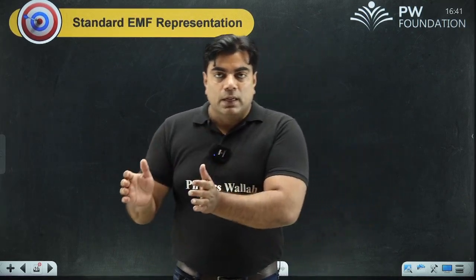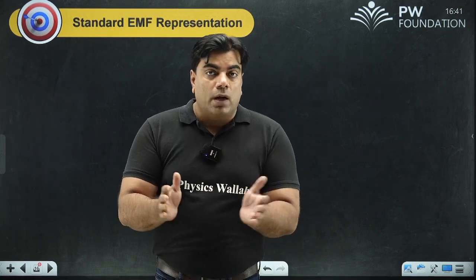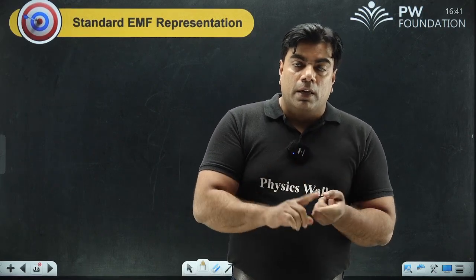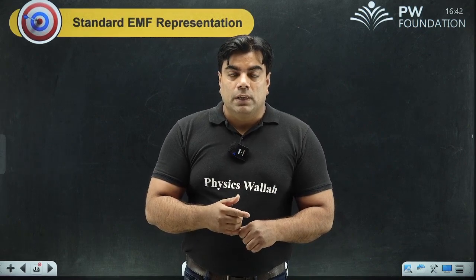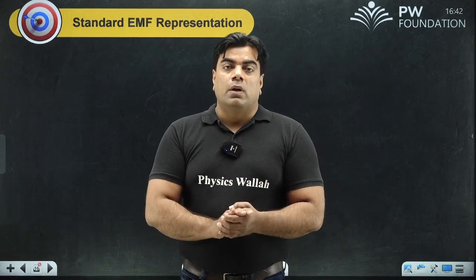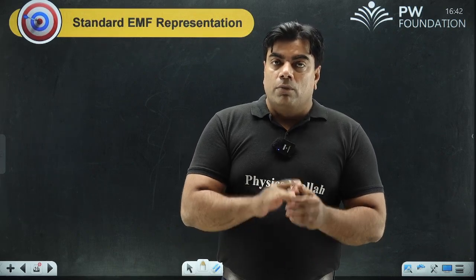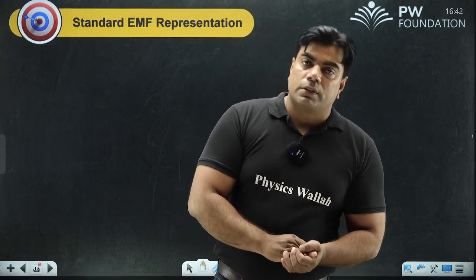When these two half cells are connected with each other through a metallic wire externally or through a salt bridge, then that whole setup is called a galvanic cell, from which we get electricity by chemical reactions or redox reactions.